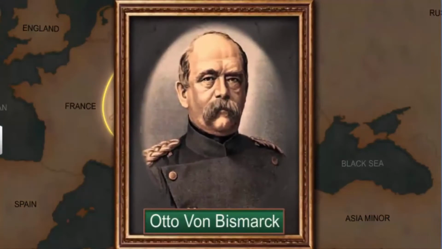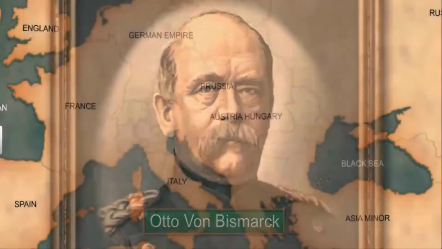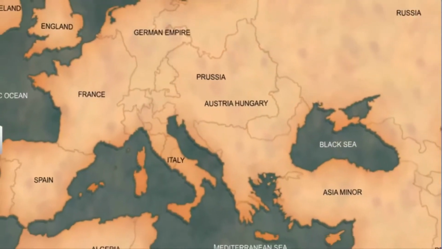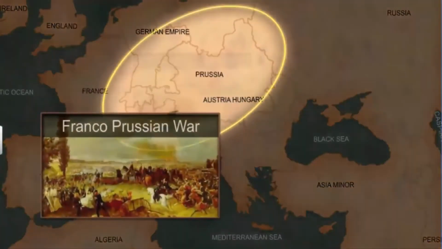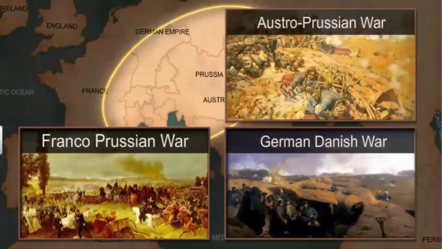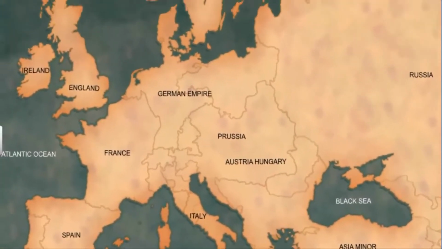Bismarck was supported by the bureaucracy and the army. To achieve German unification, 3 wars were fought over a period of 7 years, between 1864 and 1870. Finally, Prussia emerged victorious and the unification was completed.